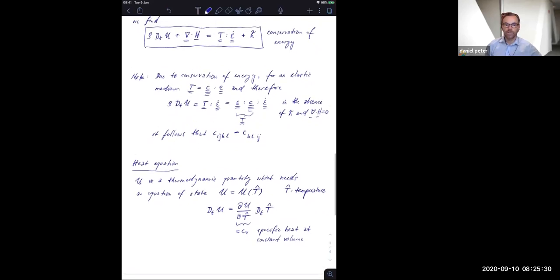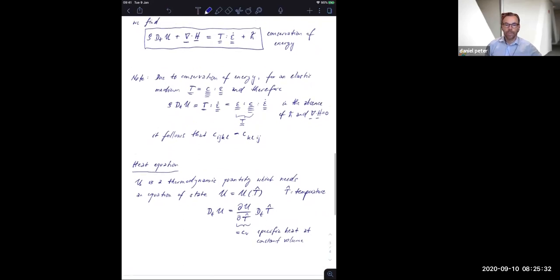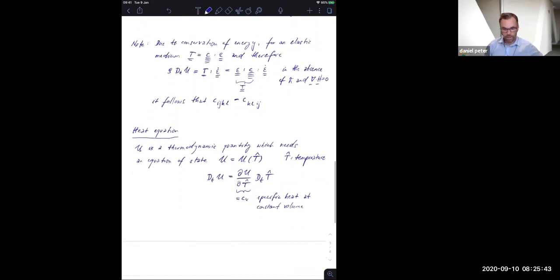Good, so let's use that now. So now we have this constitutive relationship, if you want, of the internal energy with temperature. So we can use that, and then we also need something that relates the heat flow, our heat flux H, with temperature. That's a constitutive relationship as well.